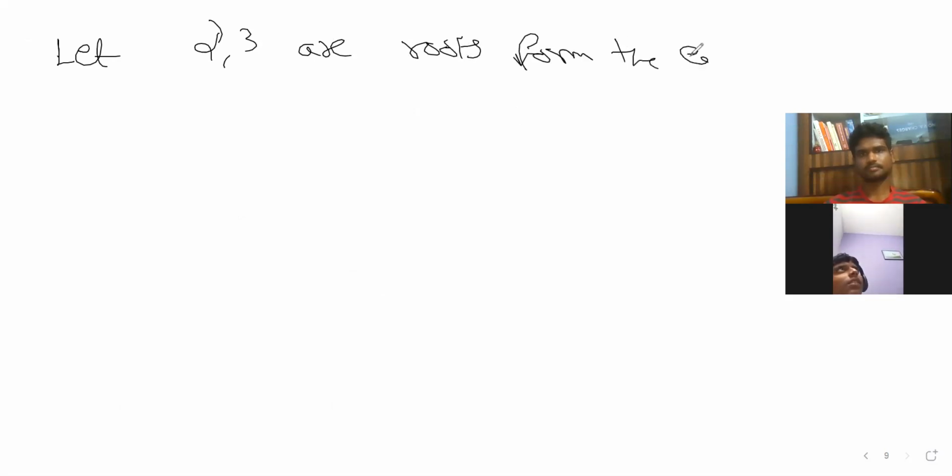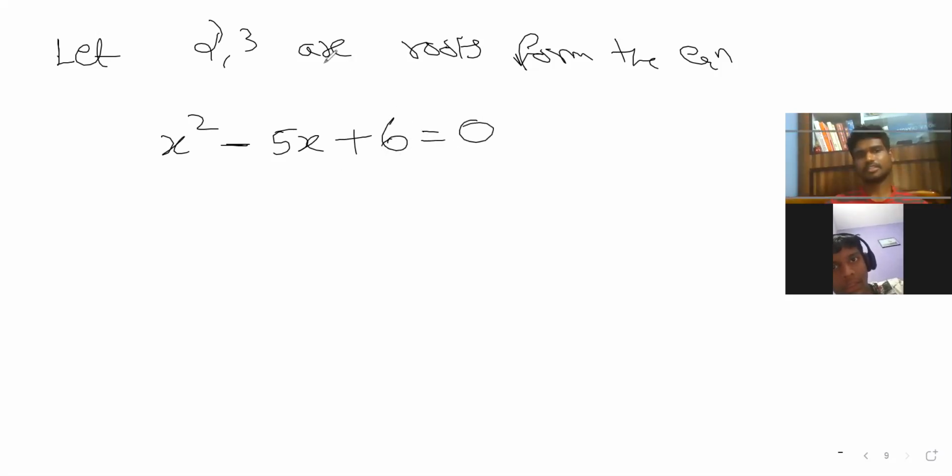So 2, 3 are roots, so it will be x square minus x into 5, that is, minus 5x, plus 2 into 3, which is 6, equal to 0. This is the equation of these roots, right?